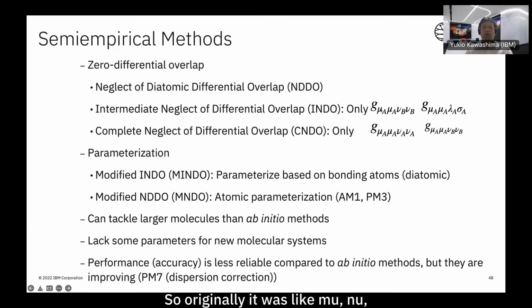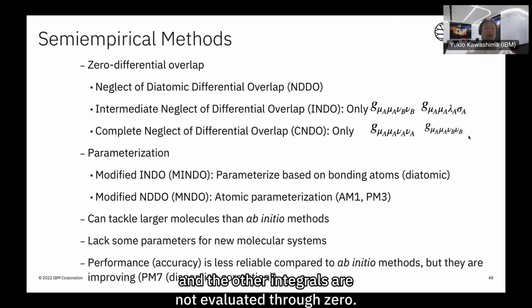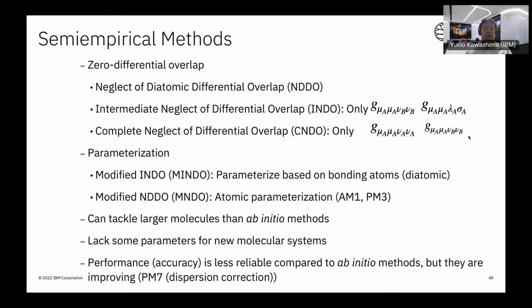Originally it was mu, nu, lambda, sigma, but they only accept the same type of orbitals here. So these are exactly the same, and these are exactly the same. And these are all on the same center of one nucleus. And complete neglect of differential overlap is even more aggressive. They only use these integrals, and the other integrals are not evaluated. They're 0.